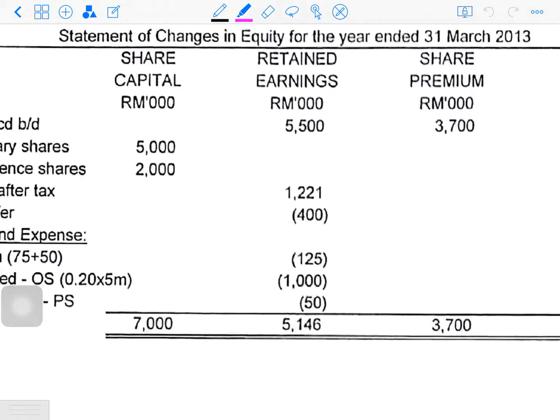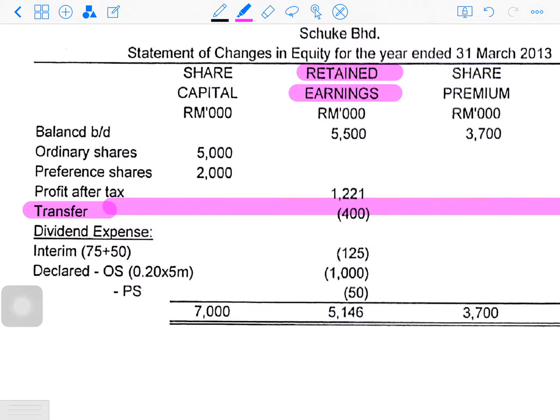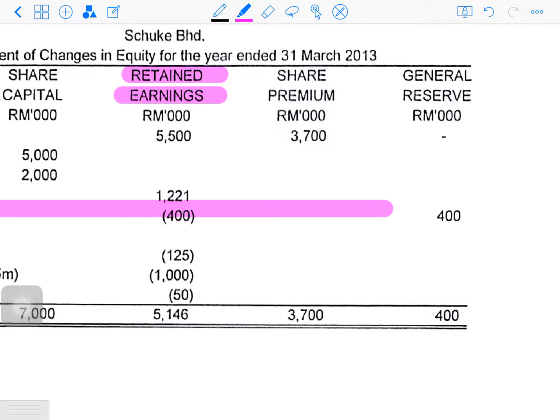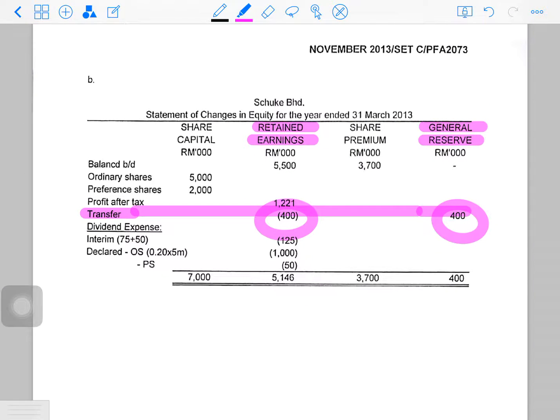Under retained earnings, you have to transfer 400,000 to general reserve. Take out 400,000 and put it into general reserve. So debit retained earnings, credit general reserve. That's a double entry.